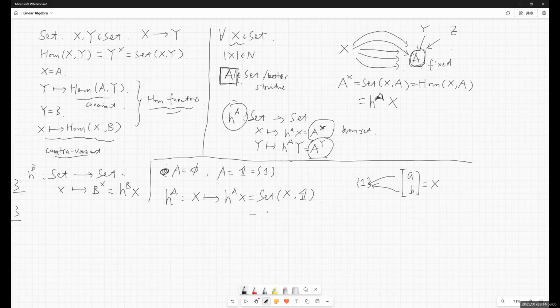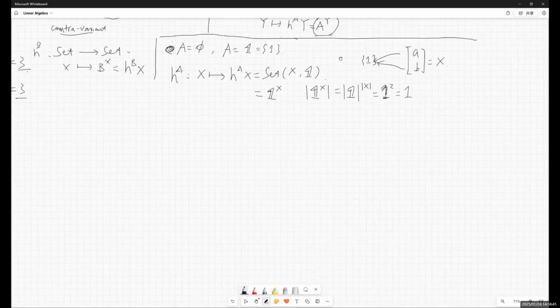So it can also be written as 1^X. You can see that the cardinality of 1^X equals 1, and 1^2 equals 1. Because here is 1, we always have a unique function from any set to the singleton. So it's trivial.